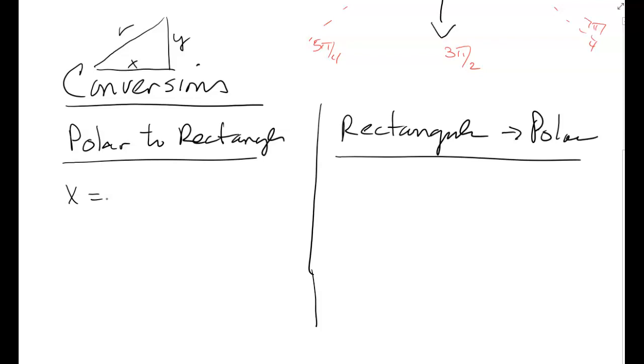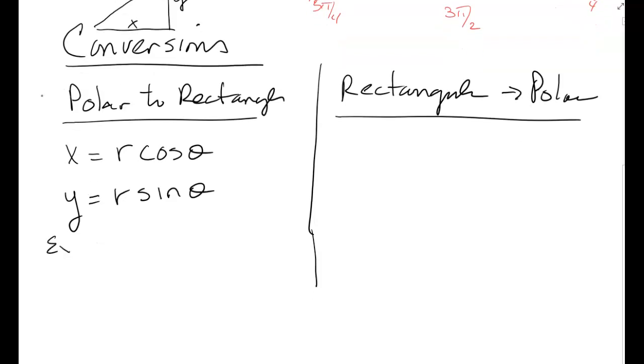It's just cosine times 1. So to actually do conversions on something that's not a unit circle, x is equal to r times cosine theta, and then of course y is r times sine theta. So we can take a polar coordinate and turn it into a rectangular.